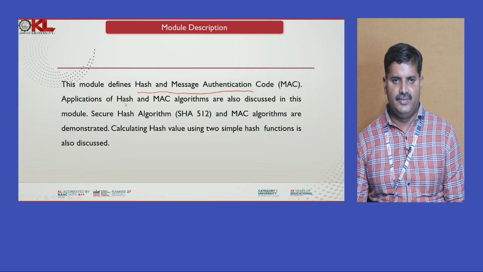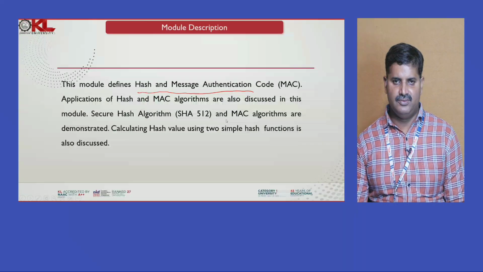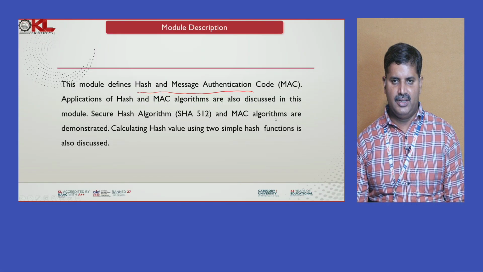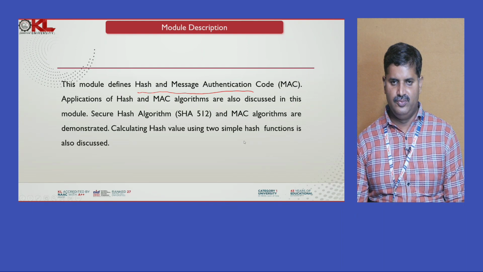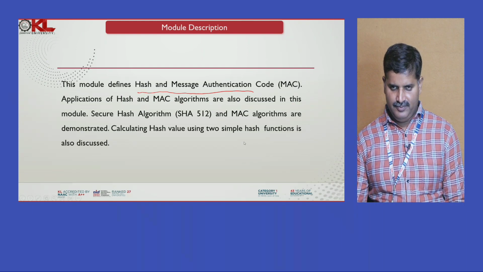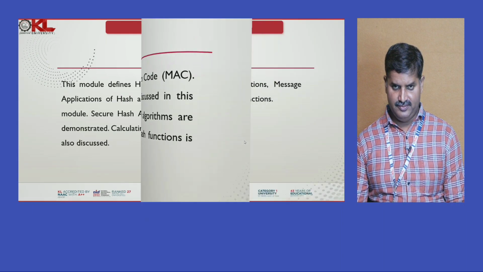Here there are different applications used. In this regard, hash and message authentication codes play a major role in implementing this integrity. So in this regard, the security hash function with a key length of 512 and MAC algorithms are demonstrated. And also we discuss the hash value and how to calculate the hash value using two simple hash functions.